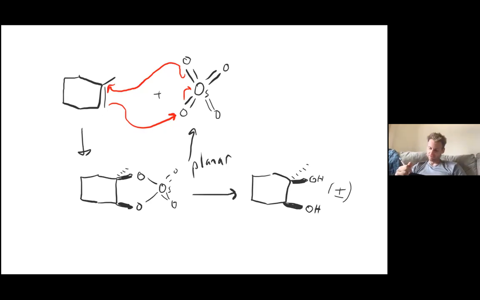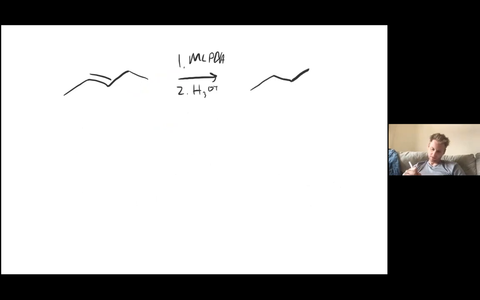So this was a way to do syn and anti. Let's put it into something different. So if I was to use MCPBA, which was our peroxy acid, we would make anti-addition of alcohols here.